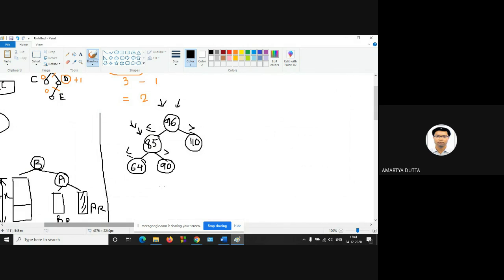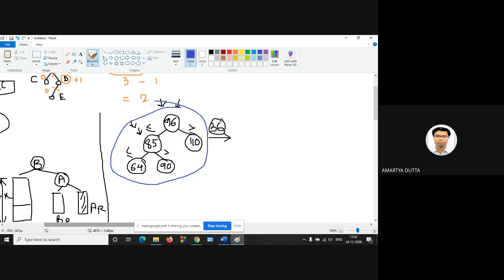Any confusion? No, sir. Now insert 36. Before insertion, you have to calculate whether this is a binary search tree. Okay, this is a binary search tree.